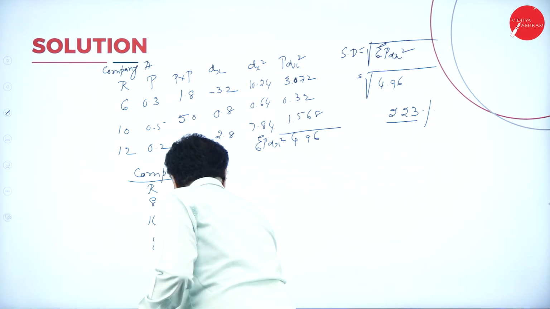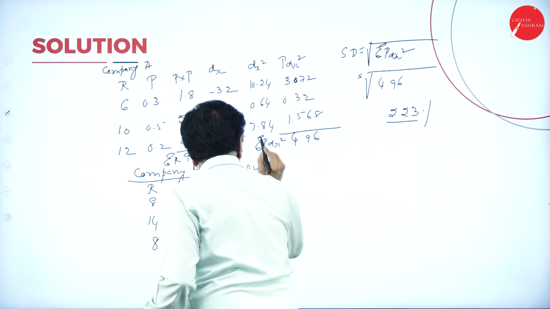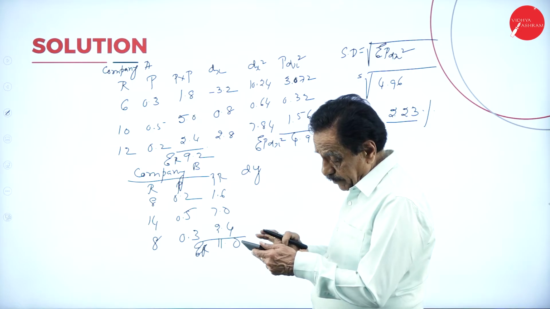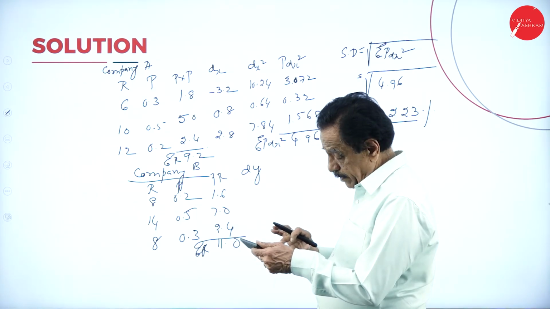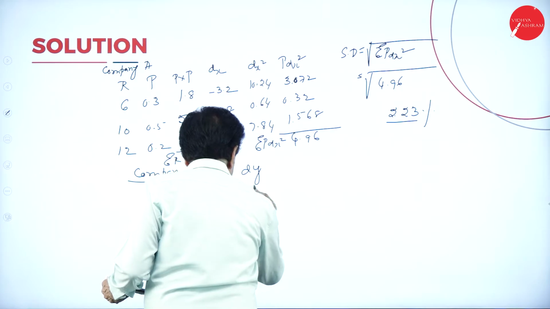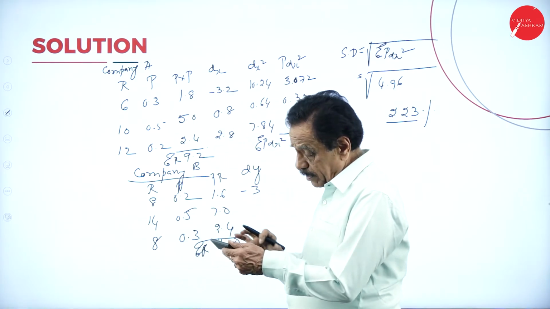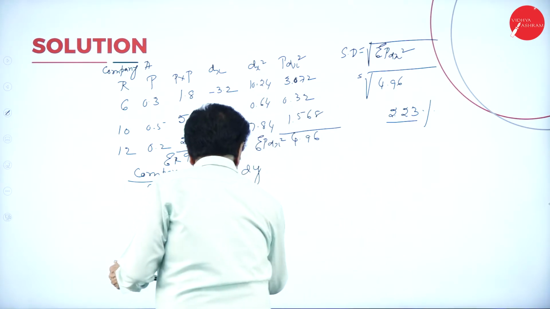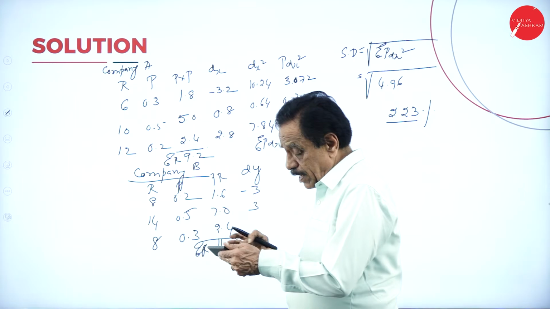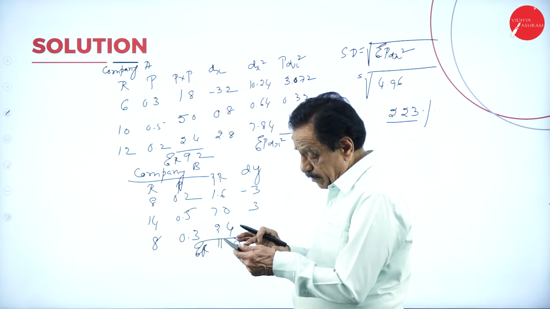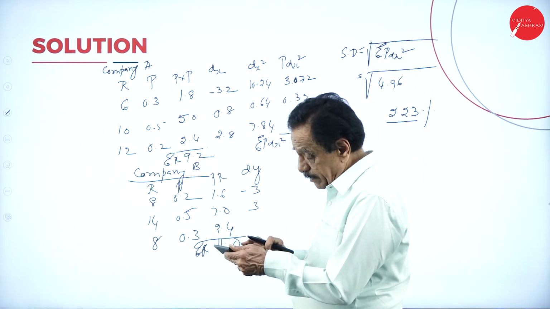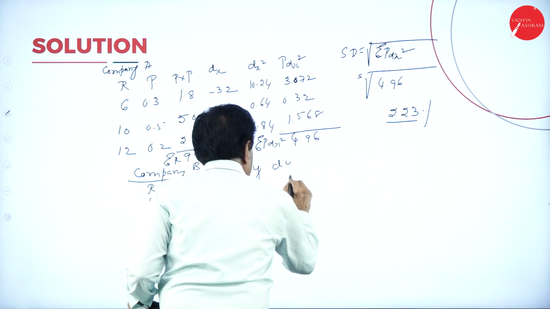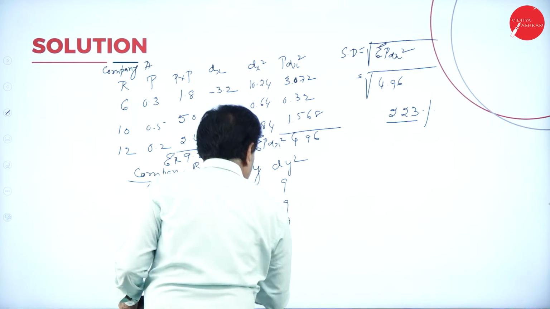Expected return is 11. Deviation dy: 8 minus 11 is minus 3, 14 minus 11 is 3, 8 minus 11 is minus 3. dy square is 9, 9, 9.